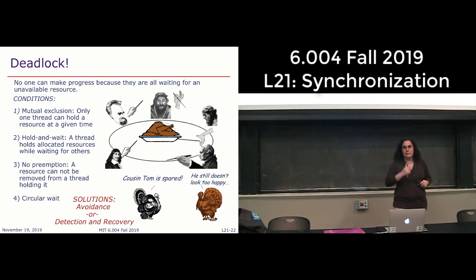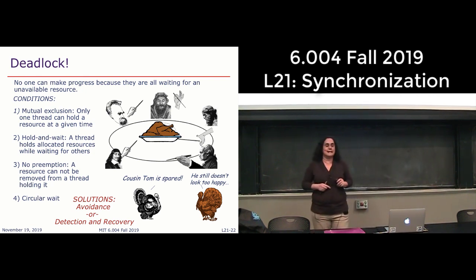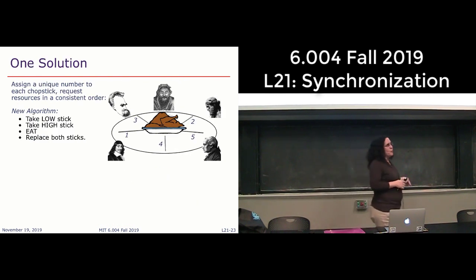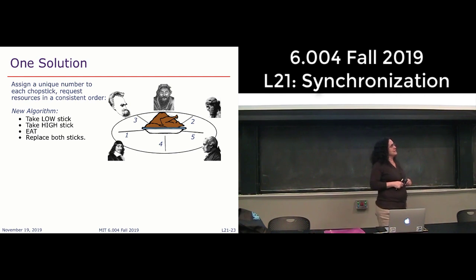So you want to think about what you could do to either avoid or detect this situation. One very simple algorithm which would solve the problem in this particular example is, instead of always grabbing the left chopstick, you assign a unique identifier to each of the chopsticks, and you slightly modify the algorithm so that you always take the low stick, then the high stick, then you eat, and then you replace both sticks.